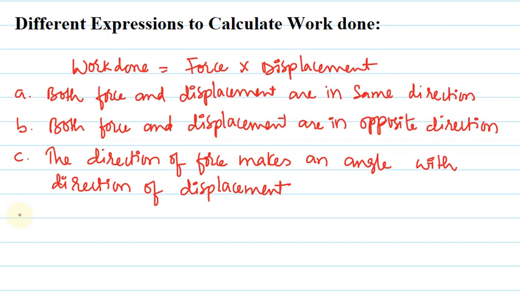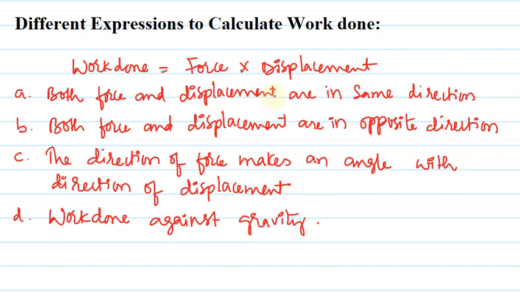And fourth possibility is work done against gravity. Let us see different expressions to calculate work in these four different possibilities.